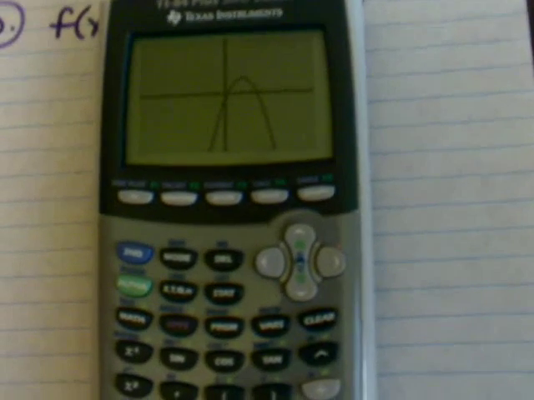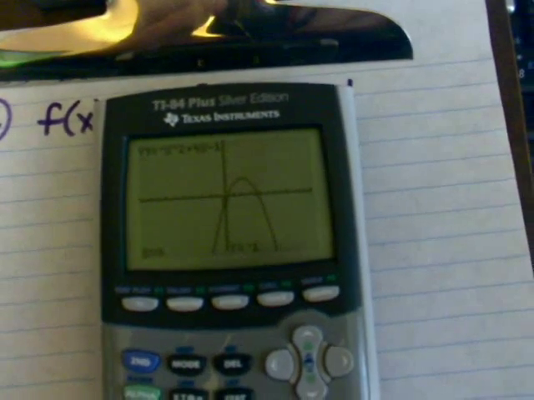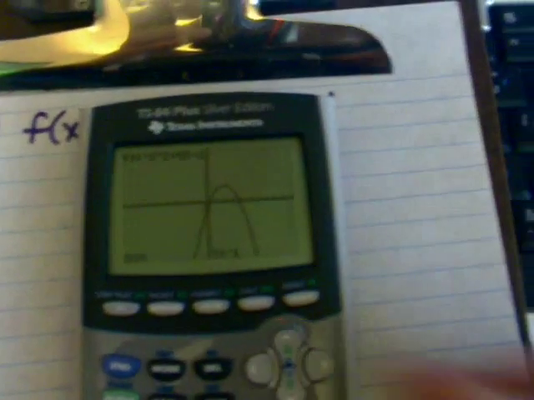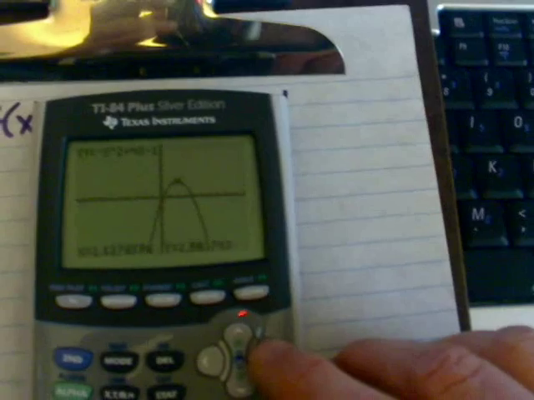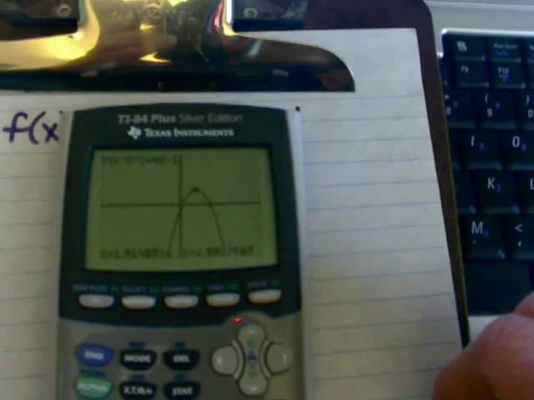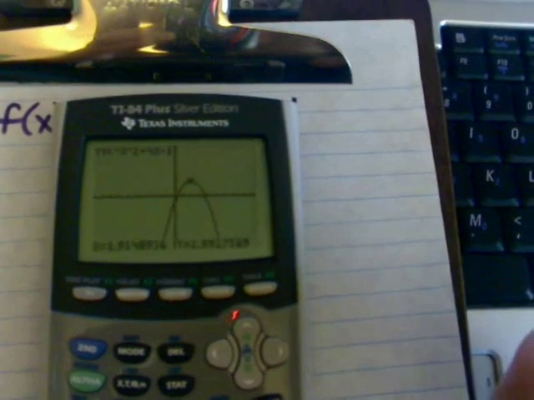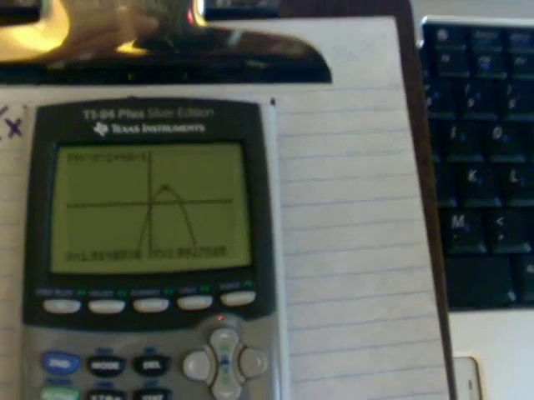Now, one of the things that I like to teach my students is that if you push the trace button, that will take you directly to the y-intercept. And in this case, I'm having a hard time getting a picture, but you can see the y-intercept is the ordered pair 0, negative 1. And after you hit trace, if you hit the right arrow key, you're going up to the very top of the parabola. And the very top of the parabola, if you estimate it, is actually at the ordered pair 2, 3.